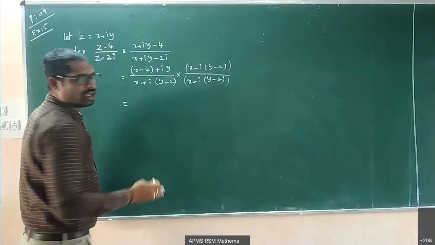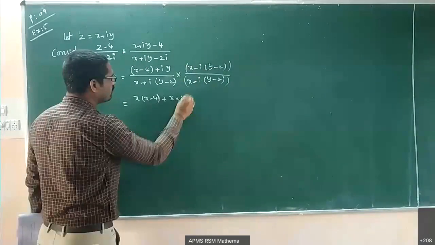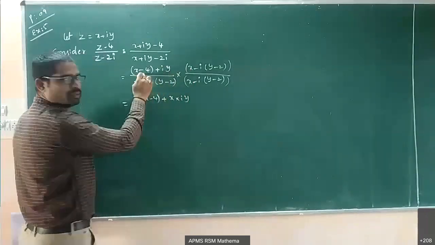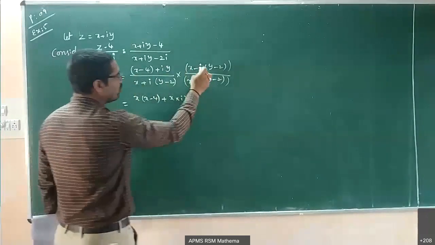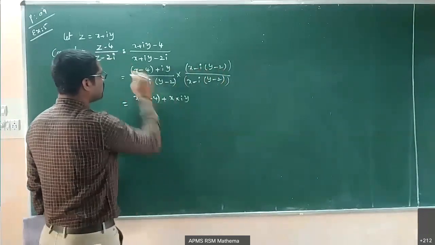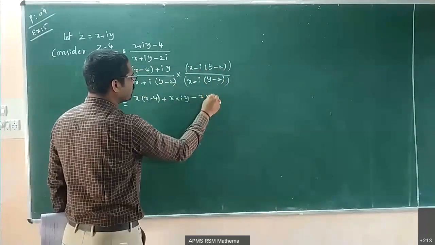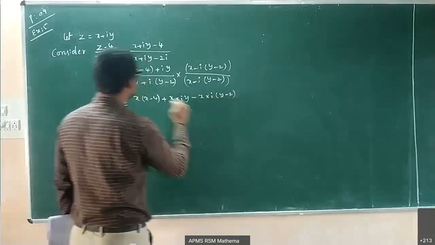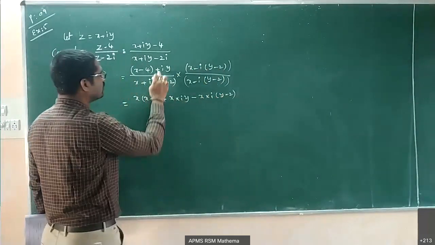If I multiply, x into (x minus 4) plus x into iy; with x I have multiplied both the terms. Now with minus i into (y minus 2): minus into plus gives minus x into i (y minus 2), plus into minus gives minus i into i square y into (y minus 2).